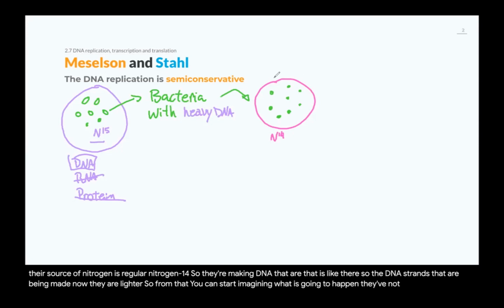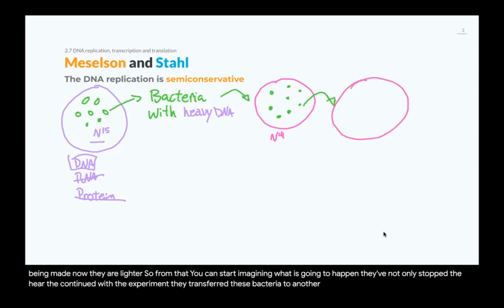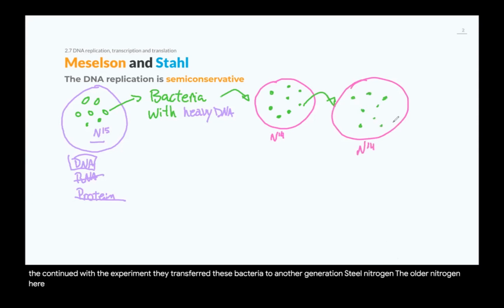They didn't stop here, they continued with their experiment. They transferred these bacteria to another generation, still nitrogen 14. So all their nitrogen here is 14, and these bacteria are making regular DNA, not heavy DNA anymore. And what did they do?